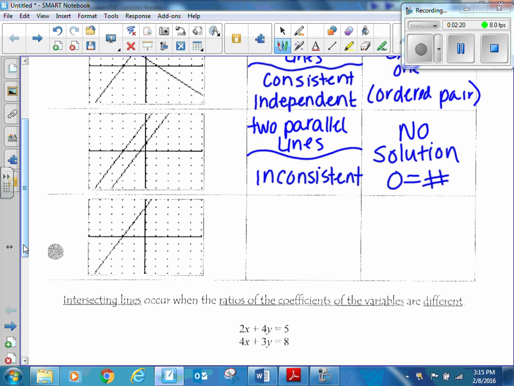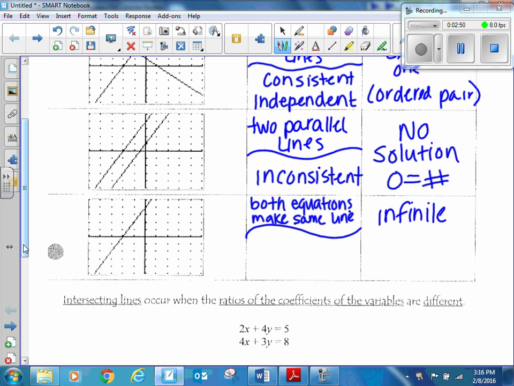So we have one ordered pair, no solution, and the final example. It only looks like we have one line in this graph, but you actually have two lines laying directly on top of each other, so both equations make the same line. I'll talk about the solutions first. This actually has infinite solutions.